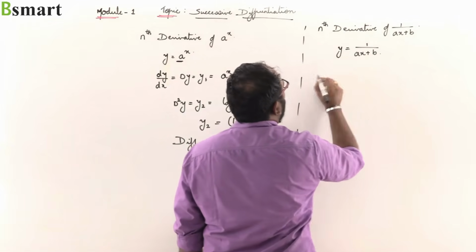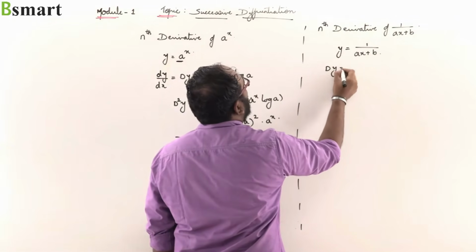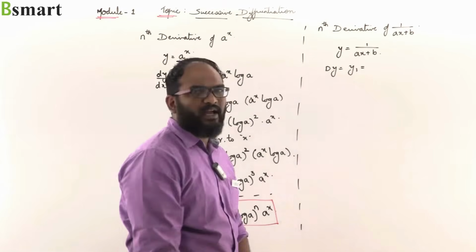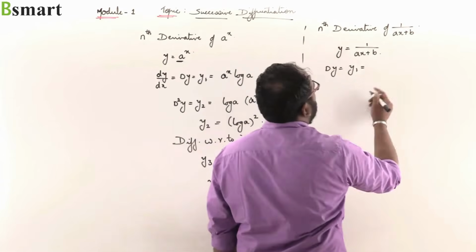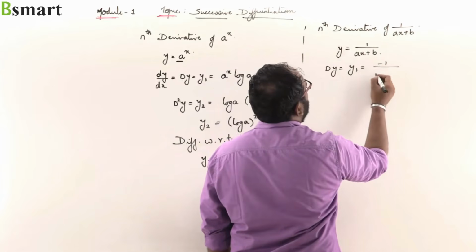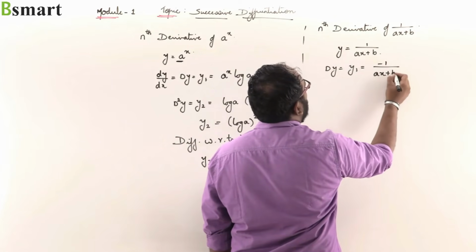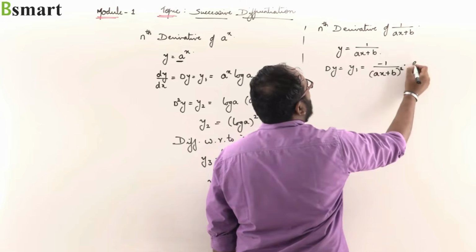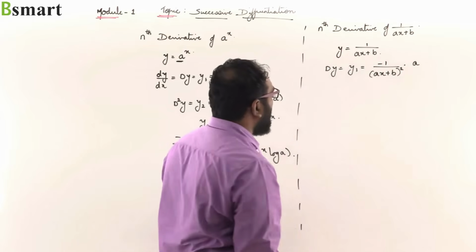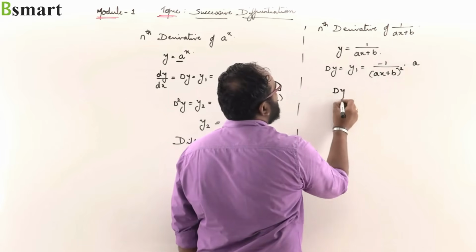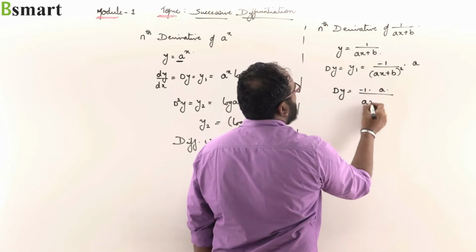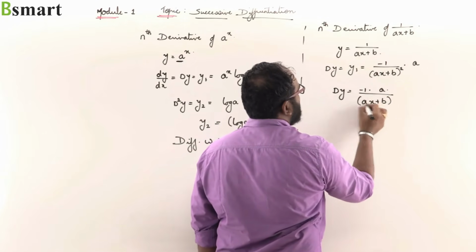If I differentiate it, then dy or y1 is equal to, the derivative of 1 by x is minus 1 by x square, so minus 1 by ax plus b whole square into the derivative of ax plus b, which is a. Or we can write dy is equal to minus 1 into a by ax plus b whole square.